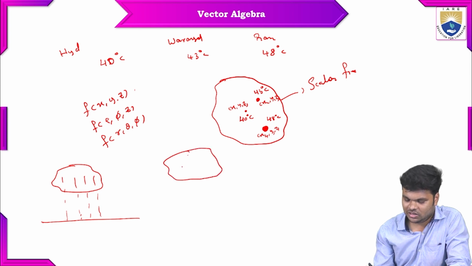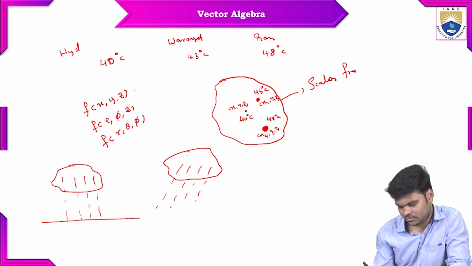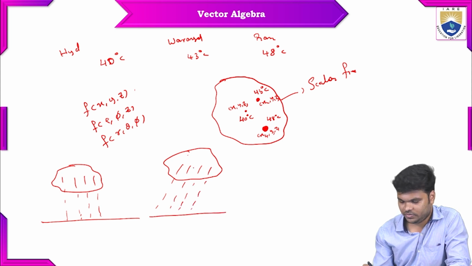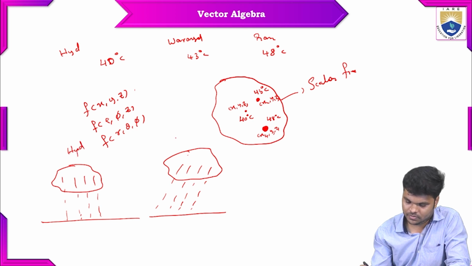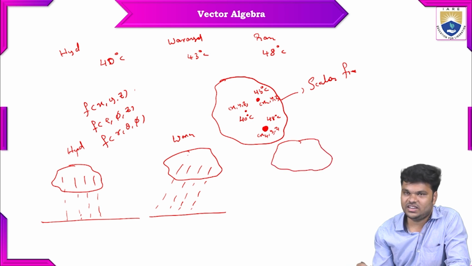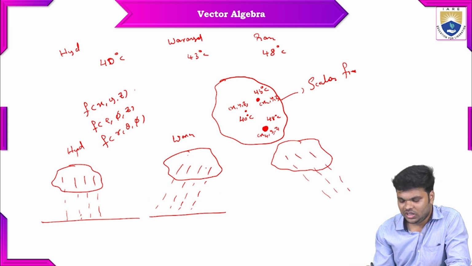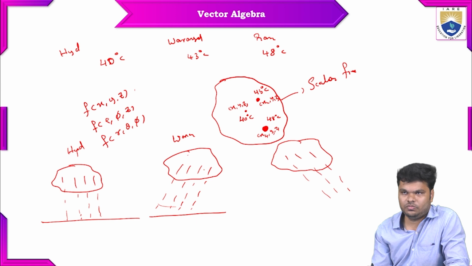Whereas in Warangal, the raindrops are coming in this fashion. Whereas in Ramagundam, the raindrops are coming in this fashion. This happens generally due to wind or some other disturbances in the atmosphere.